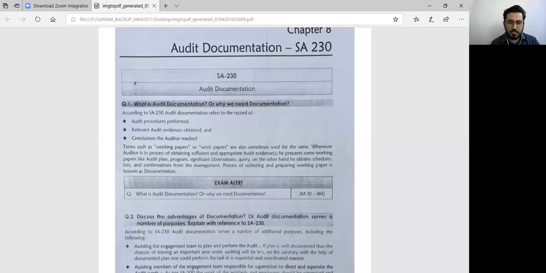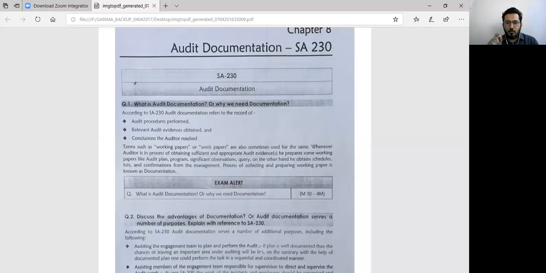So we have followed all the standards on auditing, we have followed the ethical requirements. You cannot show him by doing the audit again. How can you prove that you have conducted the audit in the most professional and in the most correct manner? You can do that only with the help of audit documentation.